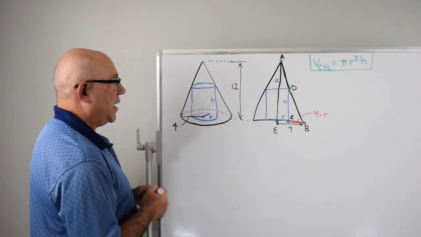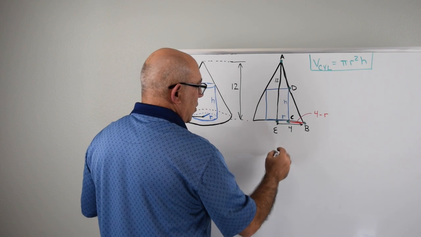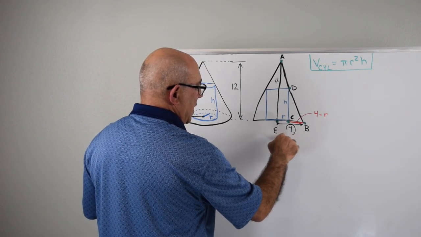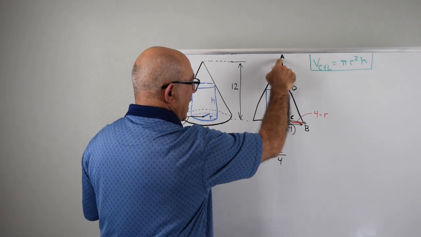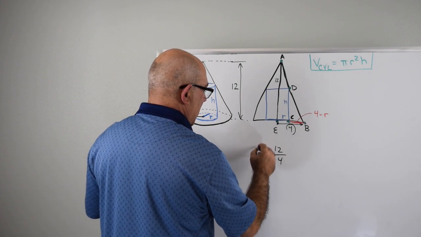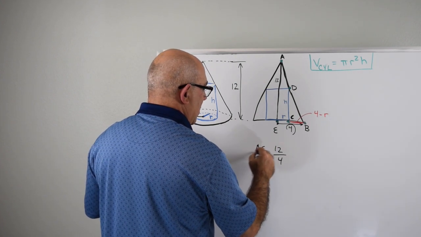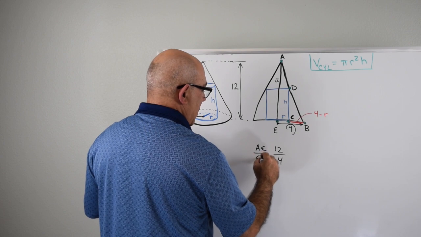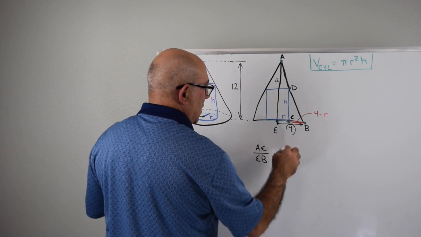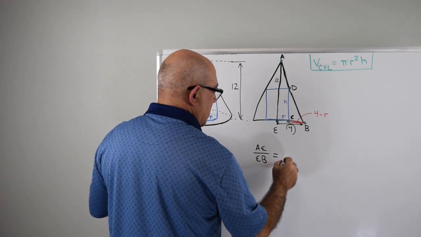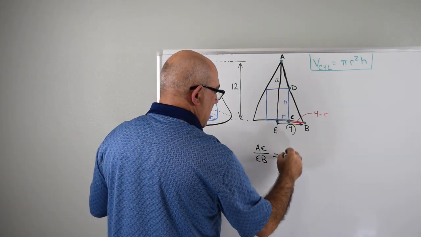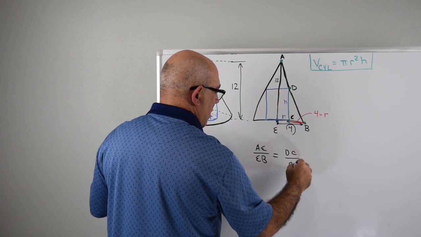So using similar triangles, we know that AE over EB equals DC over CB.